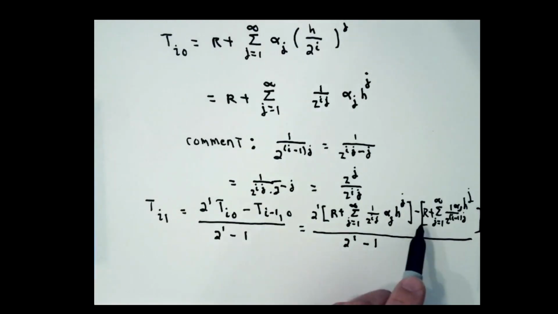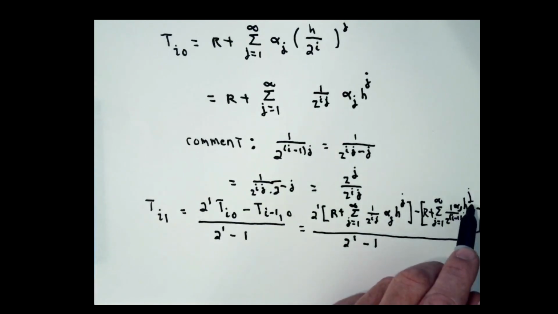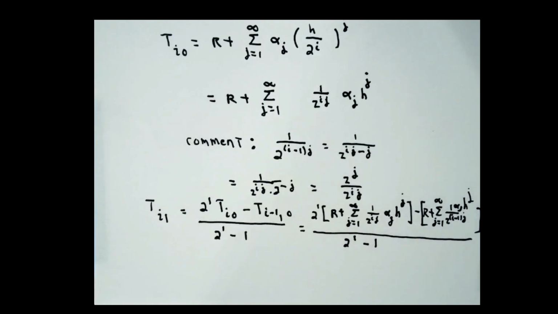So I'll be subtracting away r plus the sum j equals 1 to infinity, alpha_j h^j divided by, it's not 2 raised to the i times j power, it's 2 raised to the number i minus 1 multiplied by j power.